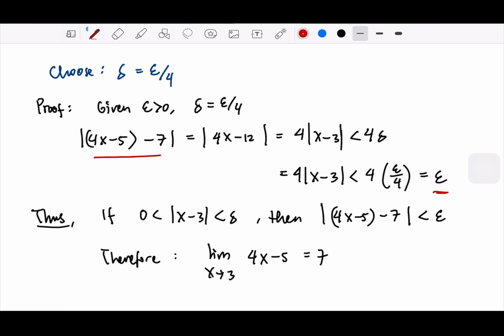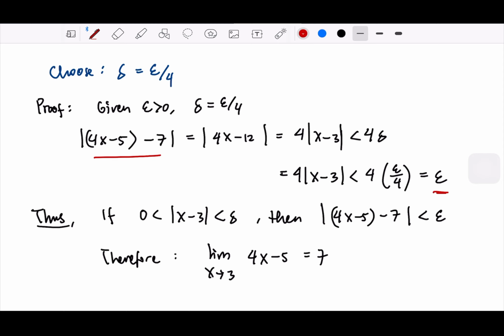It's like you move from the end, going back to the original, to prove that our delta, epsilon over 4, is correct, and then it's proven that the limit is true, that it is equal to 7.